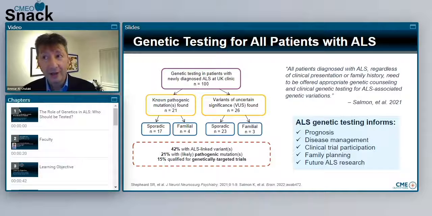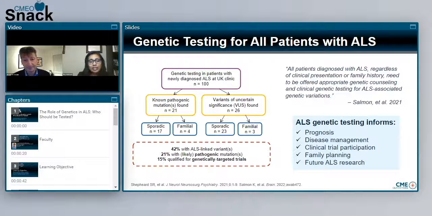And a lot of that is because we don't actually know the mechanism of the disease for ALS. Despite knowing the gene variants and all of these different genes, we don't know why they necessarily cause ALS. I think we're beginning to learn it for some of the genes that have been identified. But until we do know that, it will be very difficult to know how to deal with these variants of uncertain significance and really how to communicate that information.